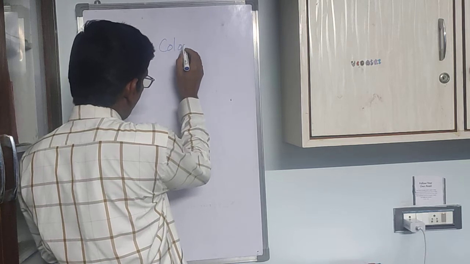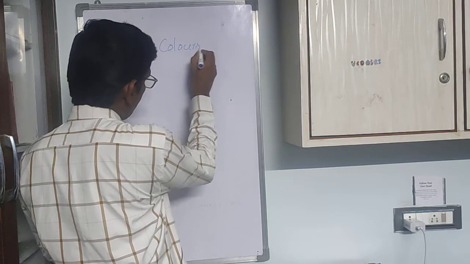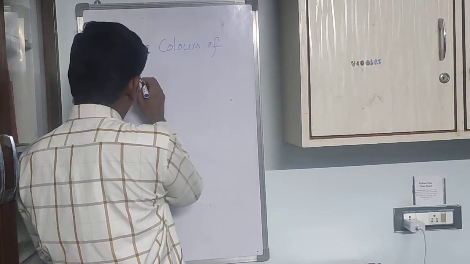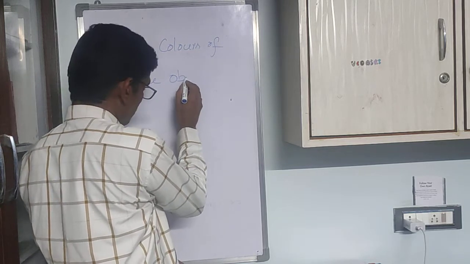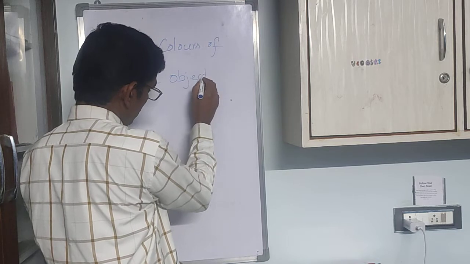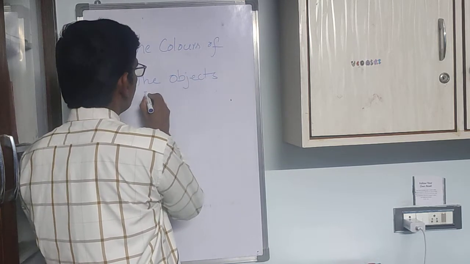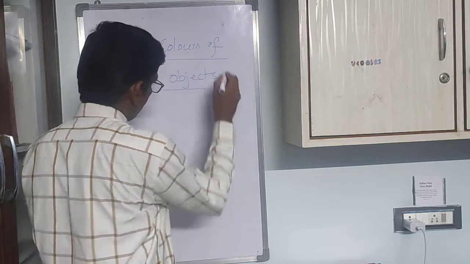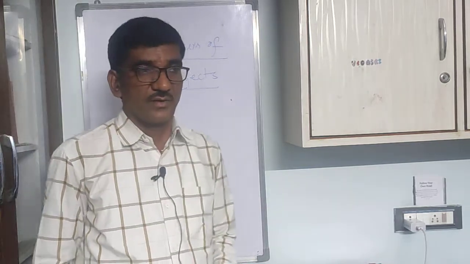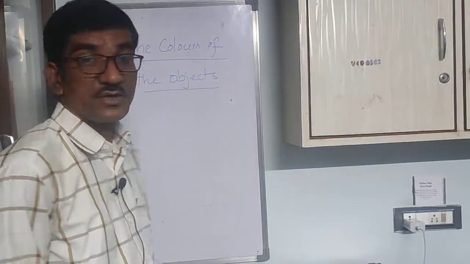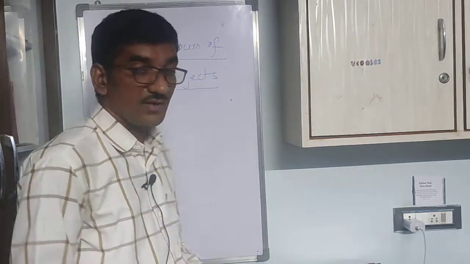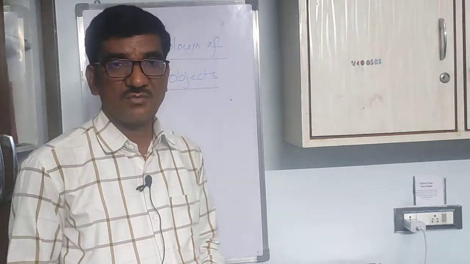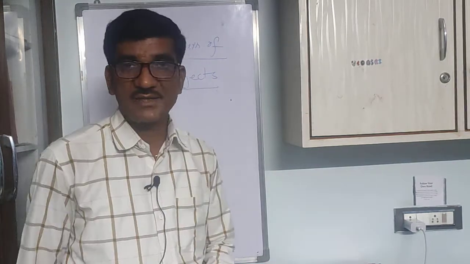The colors of the objects. To understand this, we have to understand the basic phenomenon of seeing objects with our eyes.